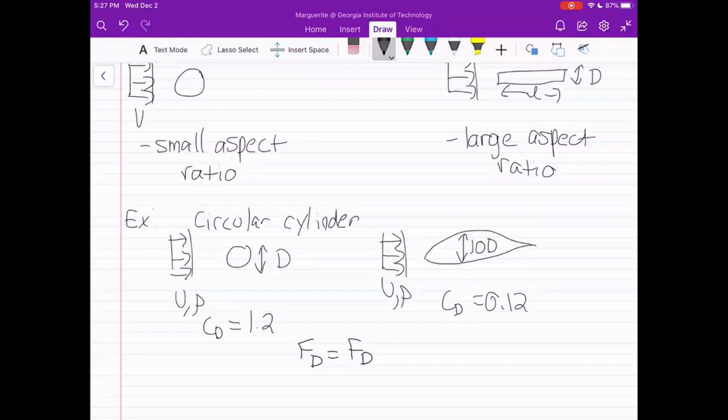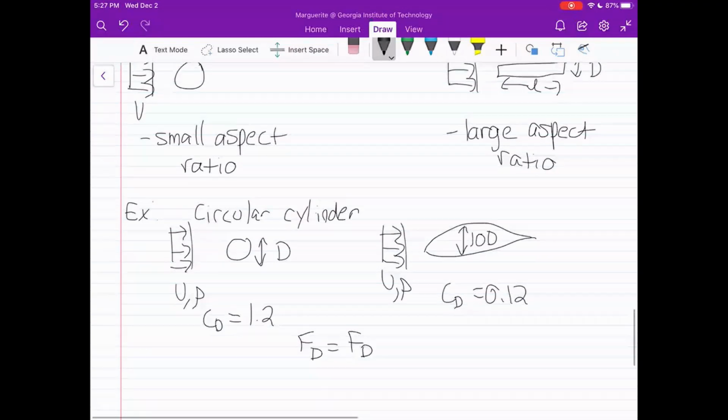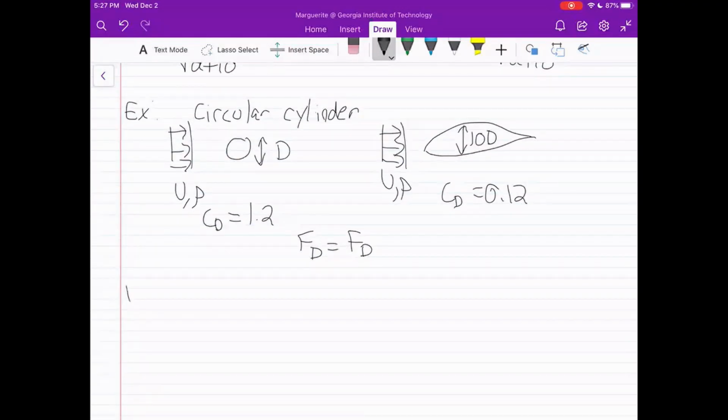So you can have something 10 times bigger, but more streamlined, and it could have the same drag as something way, way smaller. This is really to describe how much the shape of the body matters for drag. I'm going to come back to this, but for now, let's move on to Reynolds number dependence.